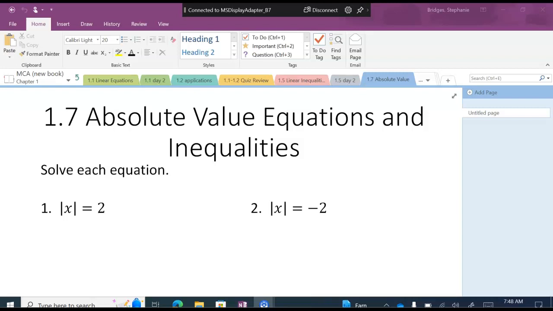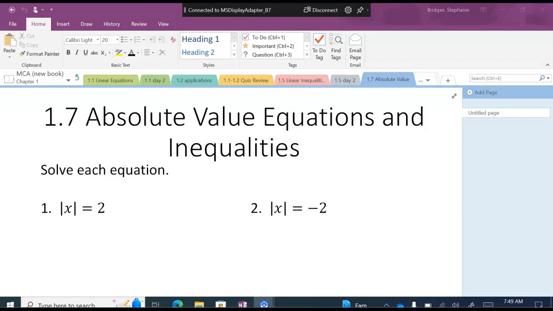And the reason we're setting up 2 equations is, think about a number line. For every number that is 2 units away from 0, there is also another number that is 2 units away from 0, and it's the negative one, right?